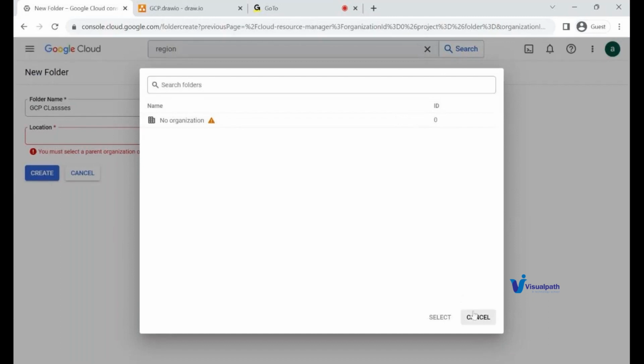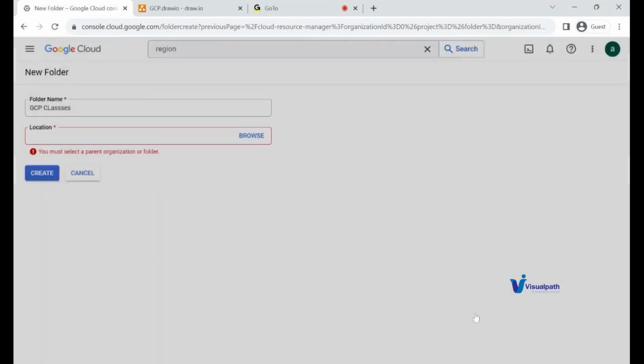Okay, as the organization privilege is not there for this free tier, as I was telling you, you can't create a folder. But if you're using your client's or your organization's account, you will definitely have this privilege.